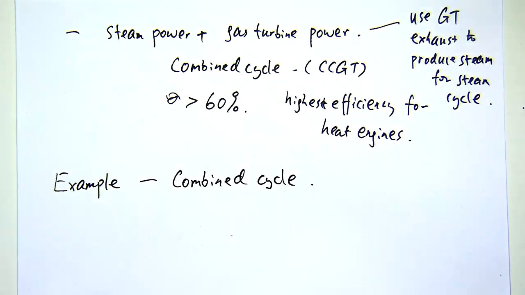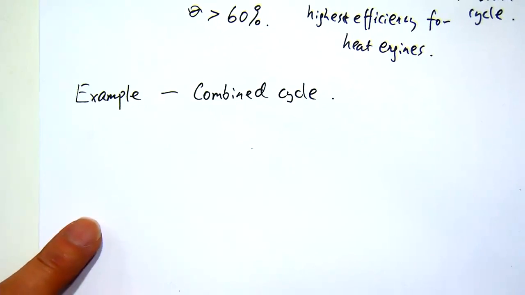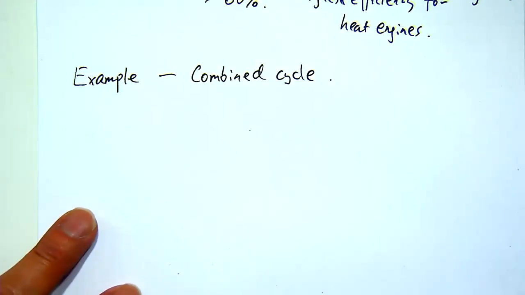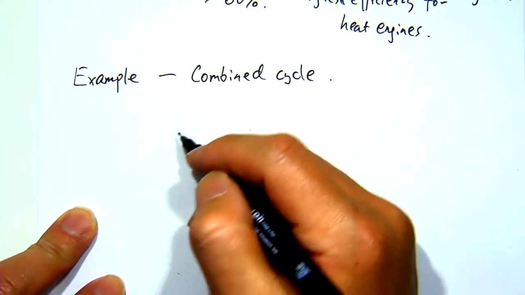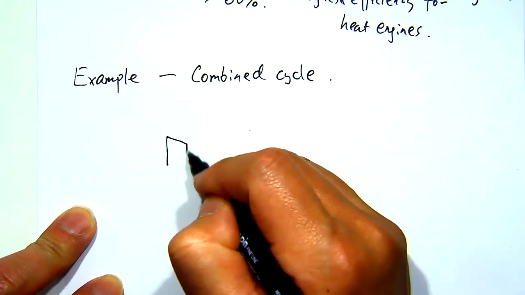So let's draw the schematic first, even though the problem is not asking you to do that. That's certainly helpful in terms of when we draw the TS diagram. So we have the basic Brayton cycle, right? So we know how to do that.